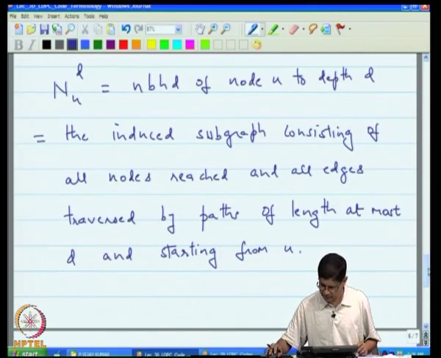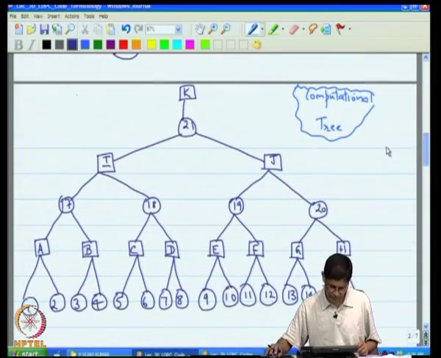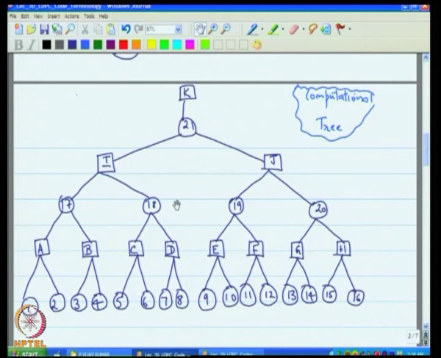So, let me see if I can illustrate this last definition here. We did that once earlier, let me just repeat. If you are talking about the neighborhood of node 18 to depth 1, as I pointed out a short while ago, that includes all nodes that are reachable by paths of length at most 1. So, that is 1, 2, 3, 4, and all edges traversed along those paths. So, this collection forms the neighborhood of 18, and we can use a little bit of our technology to indicate that. Let us see if we can put that in red.